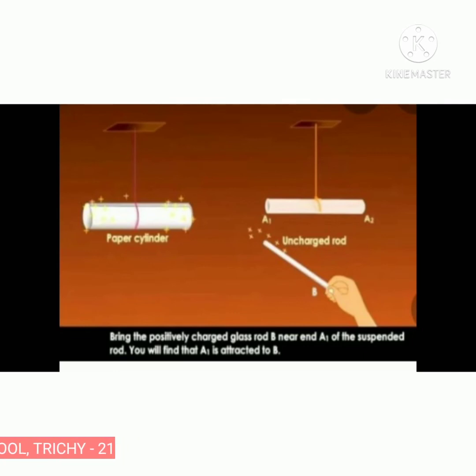Now take an ebonite rod and charge it by rubbing it with a woolen cloth. Bring this charged ebonite rod near the paper cylinder. The cylinder will be attracted by the rod. If you touch the paper cylinder with the charged rod, you will see the paper cylinder repelling the rod.